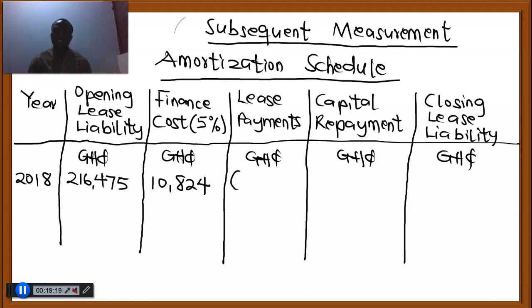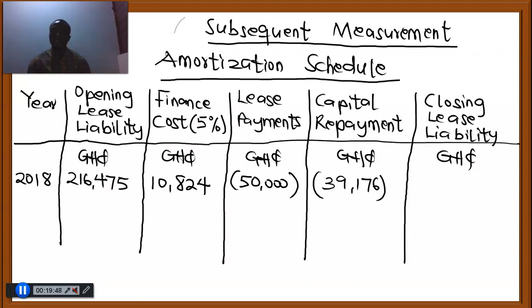According to the question, the lease payment at the end of each year is 50,000. So this is an outflow, so we put it in brackets. Then the capital repayment is found by netting off the finance cost and the lease payment, and this gives us a figure of 39,176.